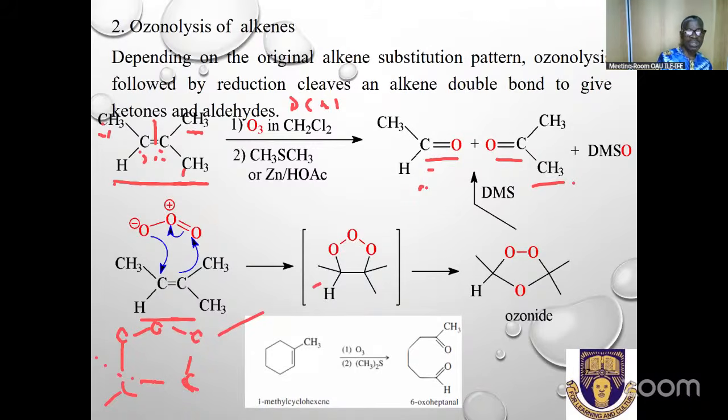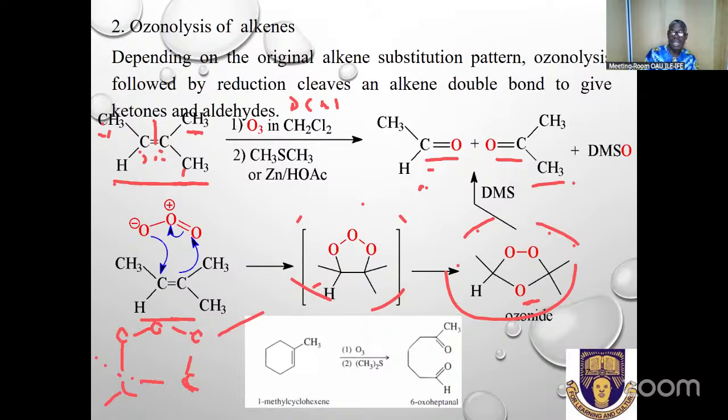It's called ozonide. The intermediate is actually the alkene, the C double bond C surrounded by three oxygen atoms. But in the ozonide, there is a rearrangement, where you have a C, single bond O, single bond C, then single bond O, then single bond C. This is called the ozonide.